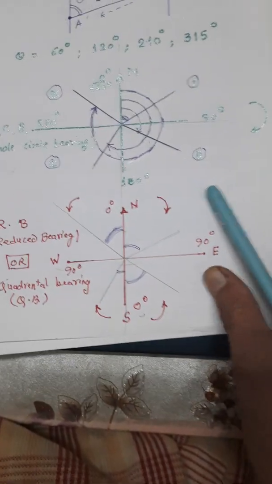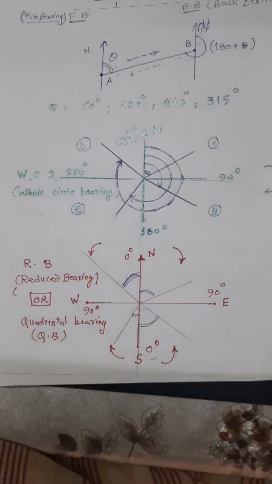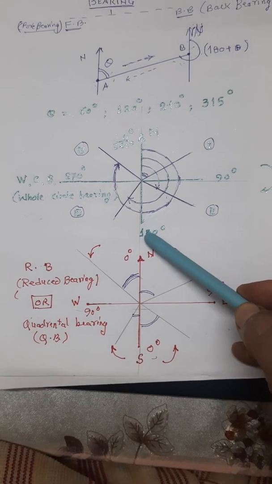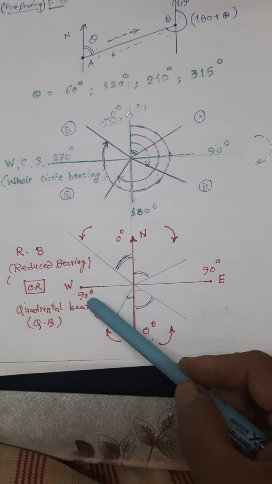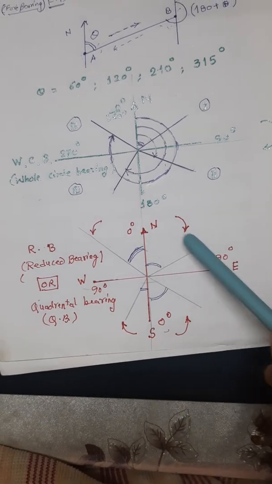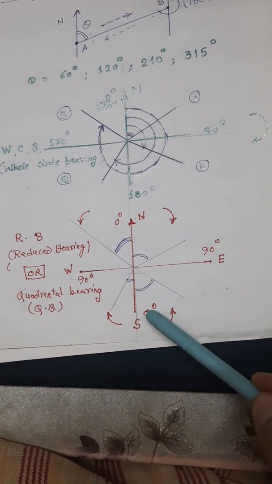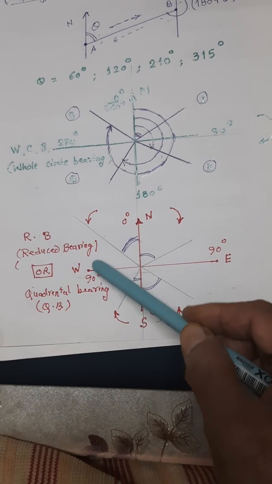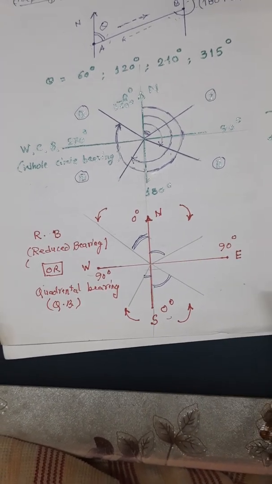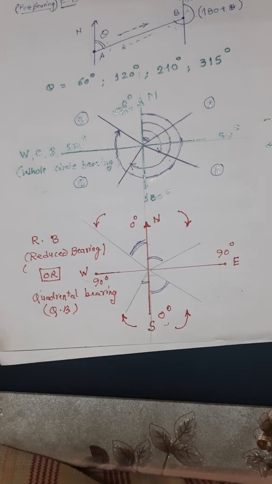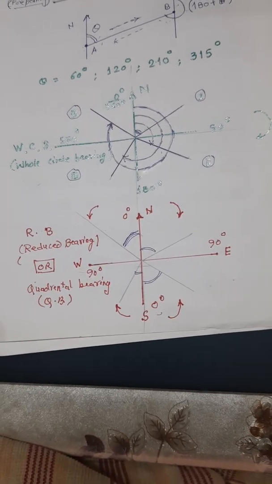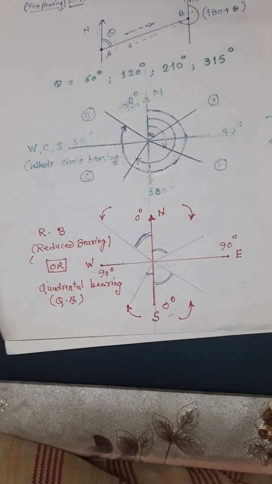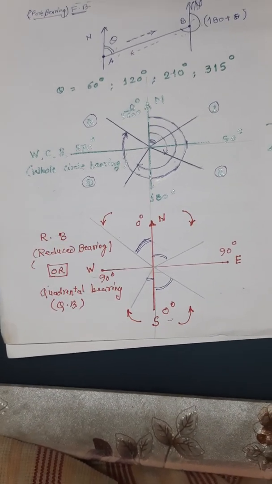Same thing that you find over here: north, south, east, west, 0, 90, 0, 90, and 0. One important thing in this case, it is divided into quadrants only. So at all times, no angle will exceed 90 degrees.